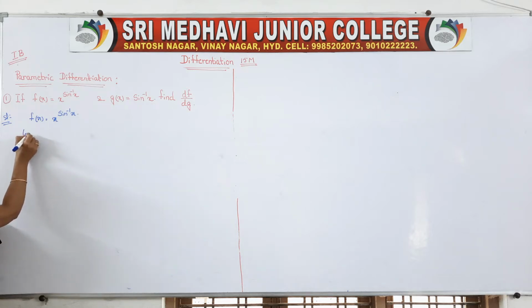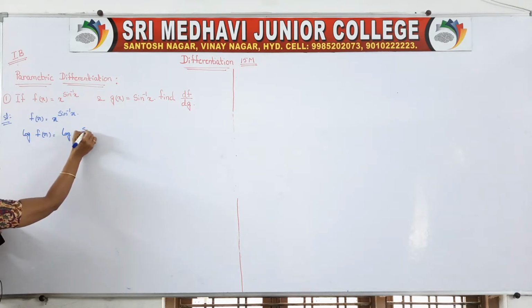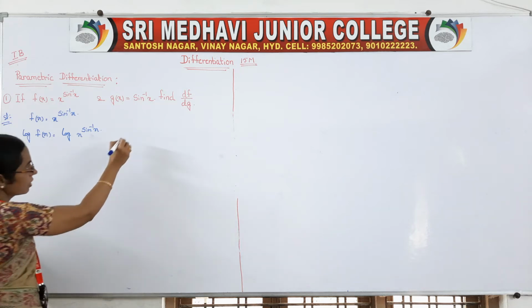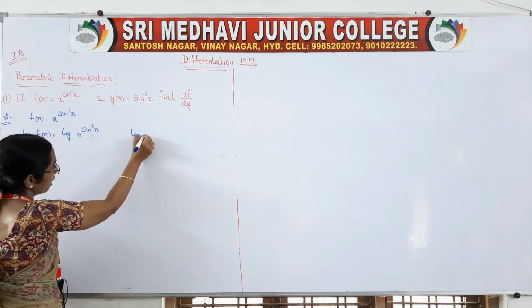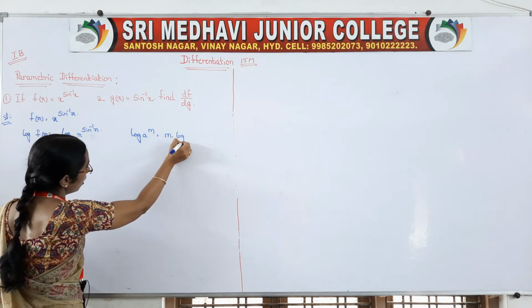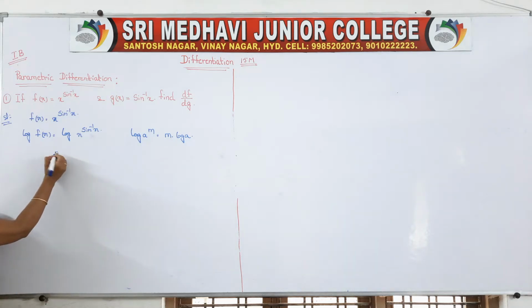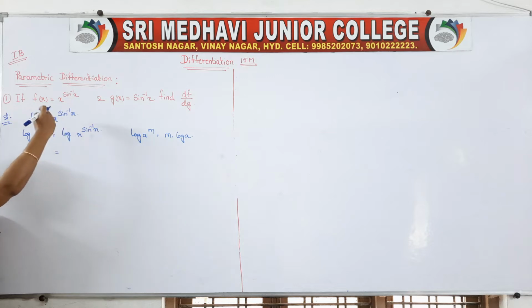So you take log of f of x is equal to log of x to the power of sine inverse x. Okay, so there is one formula, you know it, log a to the power of m is equal to m log a. Okay, so same thing here we will apply. Actually we cannot take directly for this, there is no direct formula for derivative.